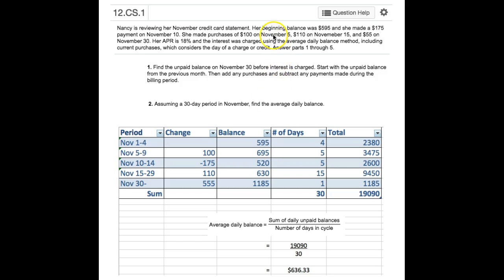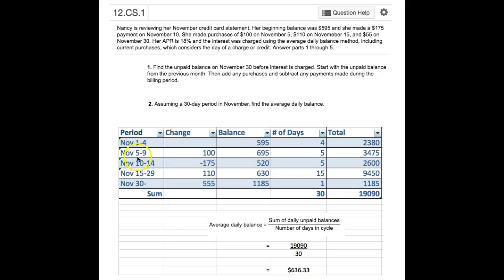On November 5th, she made a purchase of $100, and so that's a positive $100 increase. I'm showing the daily amount that changed in this column, and then I added that to the previous balance of $595. So now in her account, she owes $695.